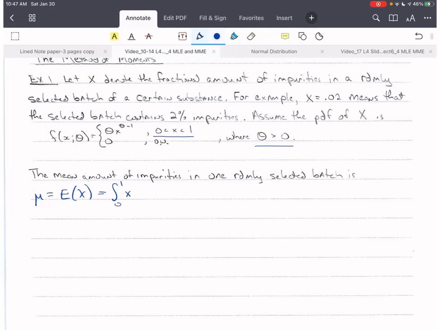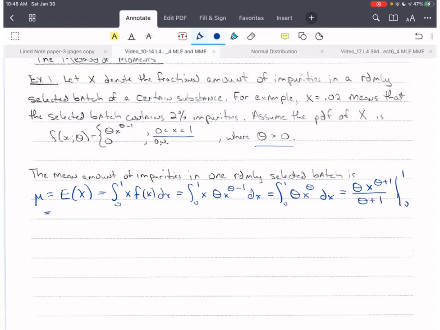So it has to be the integral of x f of x dx, which is equal to the integral from 0 to 1 of x theta x to the theta minus 1 dx, which is equal to the integral from 0 to 1 of theta x to the theta dx, which is equal to theta x to the theta plus 1 over theta plus 1, evaluated from x equals 0 to 1.